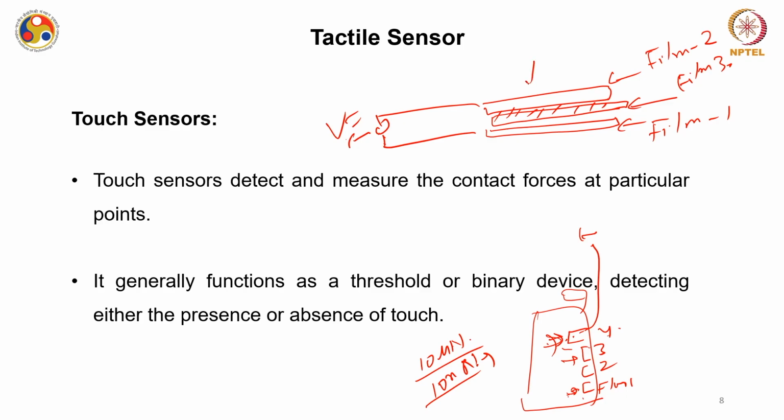Now I have applied a force F, which is say 1 nanonewton. What will happen is, this film 2 will bend to a certain extent, but it will not be touching film 1, because it requires 10 times the force that is being exerted right now.